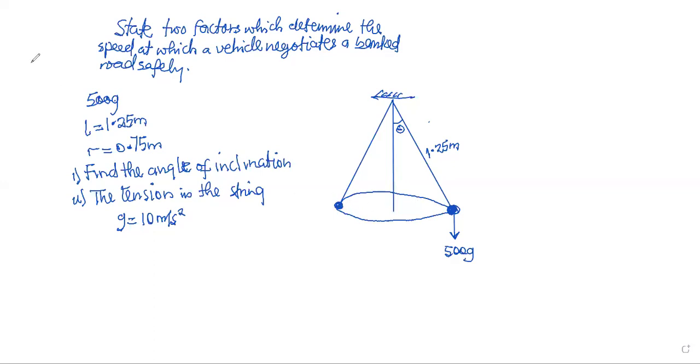The radius of the circle described, we are told, is 0.75. So that's the information.